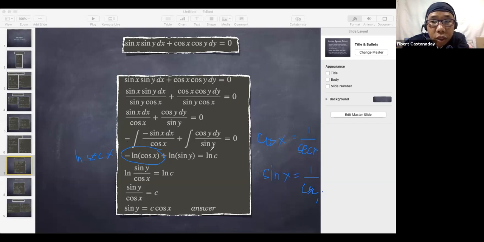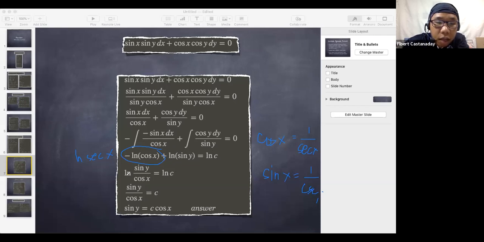And if this is your u, sine of y, your du is the differential of sine y, which is cosine y dy. So it satisfies the formula that we can say ln of sine of y is the answer to this integral. And then you put this term here. You have an arbitrary constant, which is ln of c. And then you can combine these two terms. So ln of sine y minus ln of cosine x can be written as ln of sine y over cosine of x.